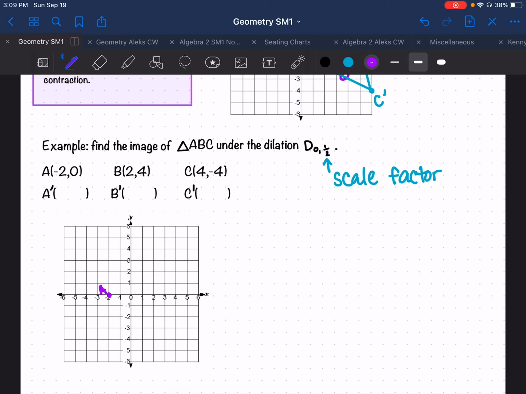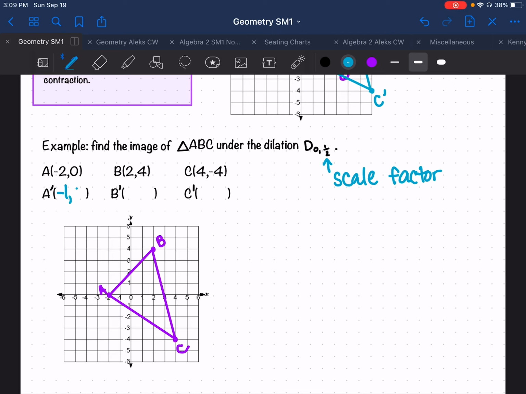by graphing your image, don't forget, or your pre-image, sorry, don't forget that you want to label them as A, B, and C so that you know what happens to A, what happens to B. So there we go, and of course what happens to C. So let's multiply 1/2 by 1/2 or divide by 2.